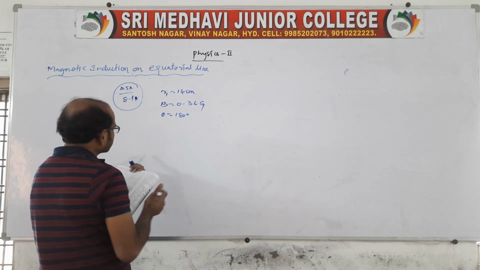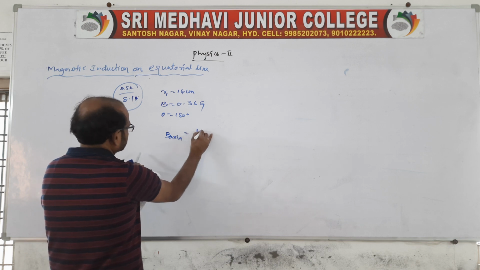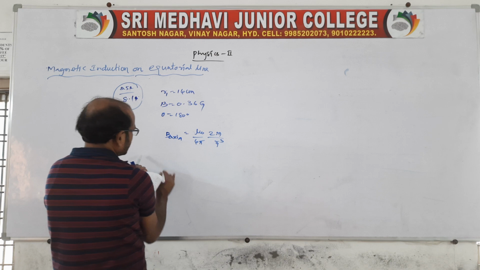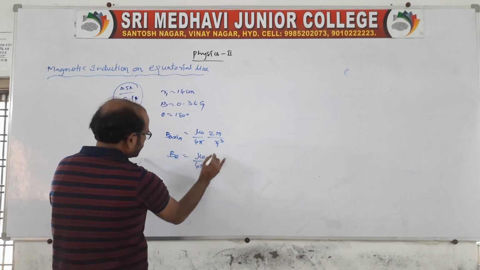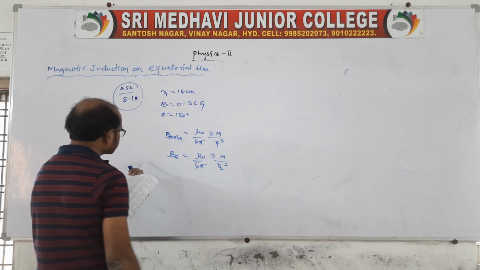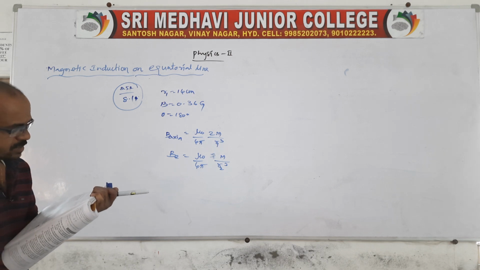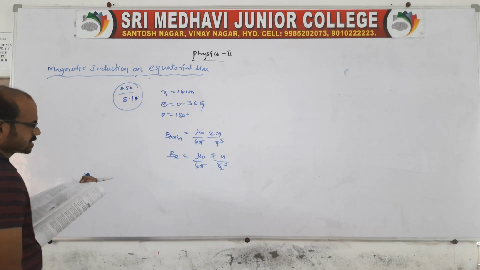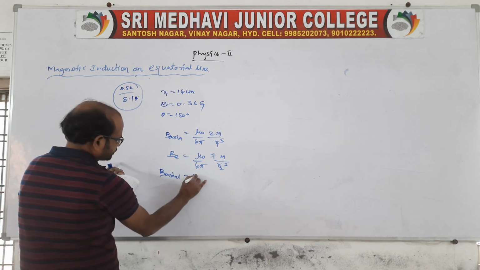Now the magnetic field on the axial line we know is mu naught by 4 pi into 2m by r1 cube. On the equatorial line we know mu naught by 4 pi into m by r2 cube, right? Of course it is asking for the new null point on the normal bisector, so r2 cube. You say both will be equal.